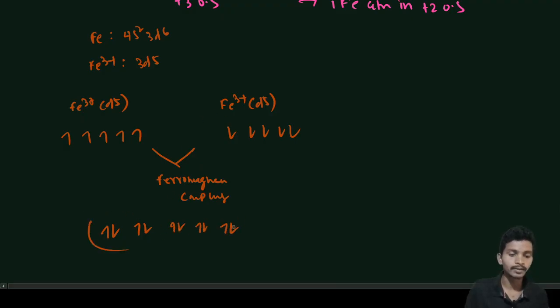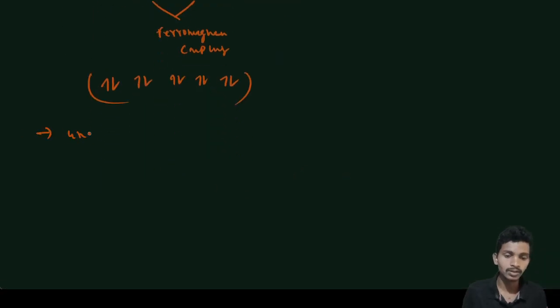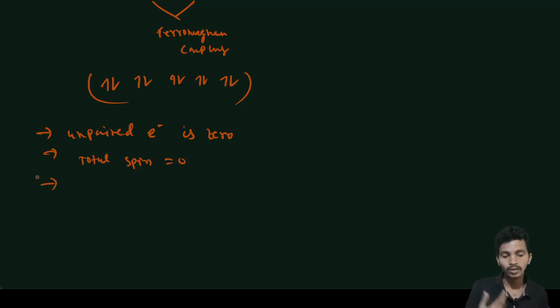Okay, so all are paired, which means the number of unpaired electrons is 0, so total spin is 0. If total spin is 0, if no unpaired electron is there, then it is ESR inactive.